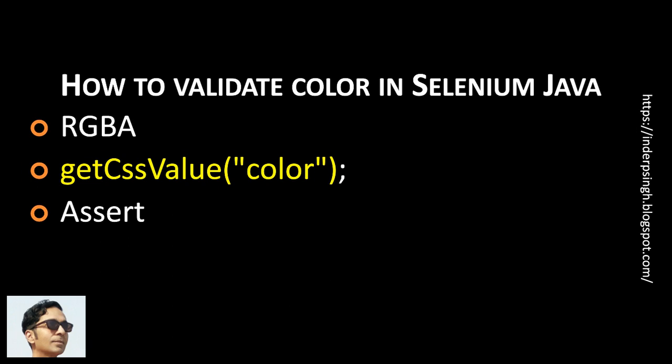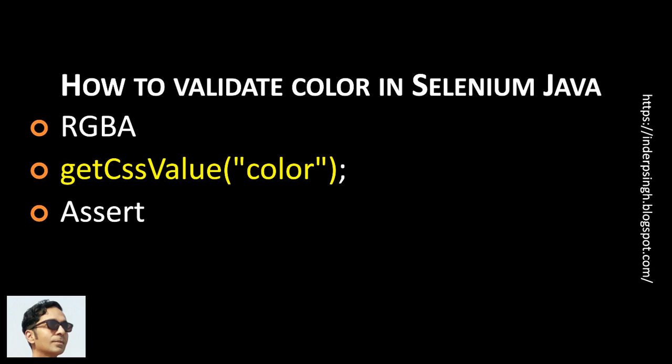Now colors are represented in Selenium Java by RGBA. So these are codes. The R value can be anything between 0 and 255, and same for green, same for blue, and A is the alpha, which means the opacity.